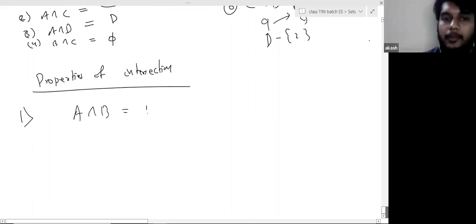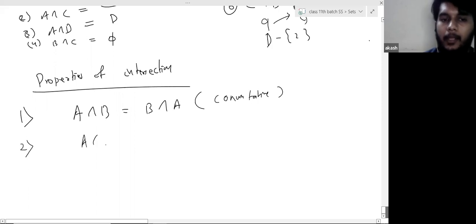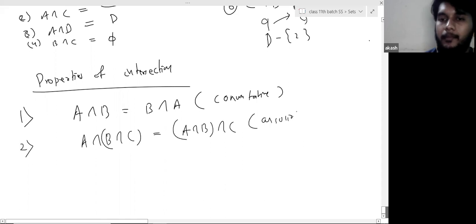A intersection B is equal to B intersection A. This is very easy, commutative. A intersection B intersection C is equal to A intersection B intersection C, associative. What will be A intersection phi?